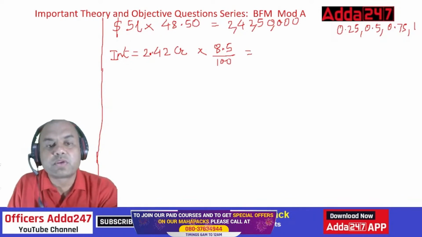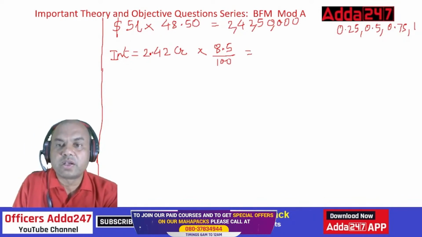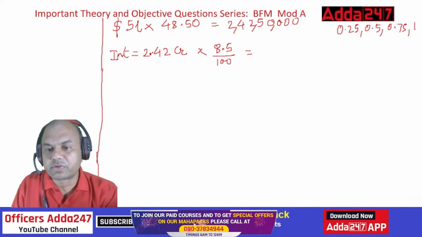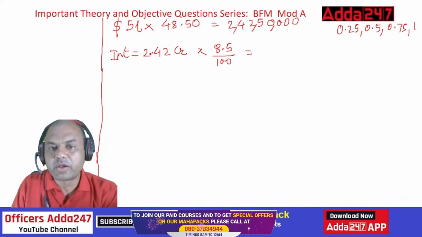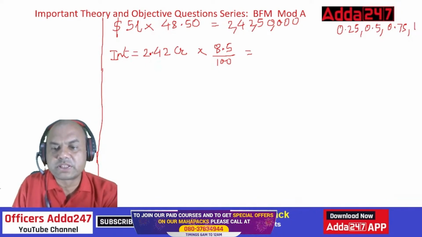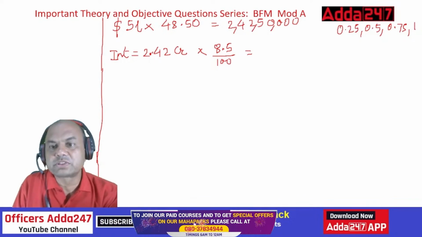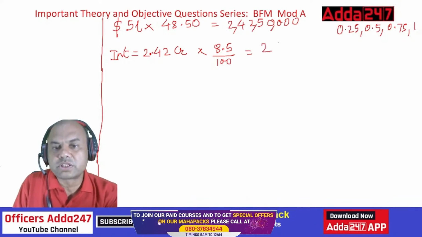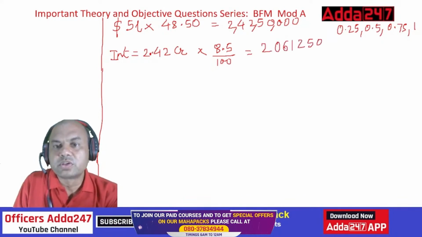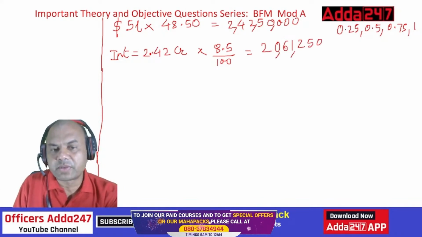What amount are you getting? 8.5 means 0.085, right? So it is 2061250. Am I right or wrong?